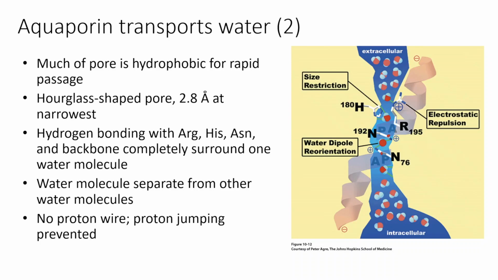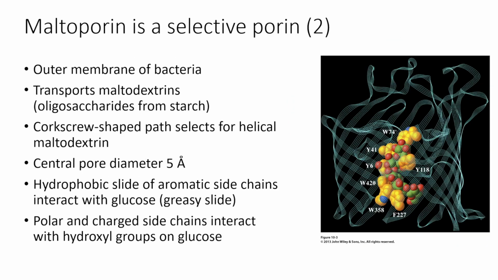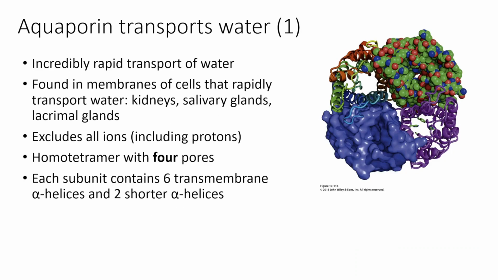Why would the fact that the pore is hydrophobic allow for rapid passage? I thought it would be hydrophilic. Yeah, so it's kind of the same idea with the multiporin. It's that greasy slide idea where they don't want to interact with each other, and so they can just pass straight through without doing a lot of interaction with the channel itself. So the interior is hydrophobic?